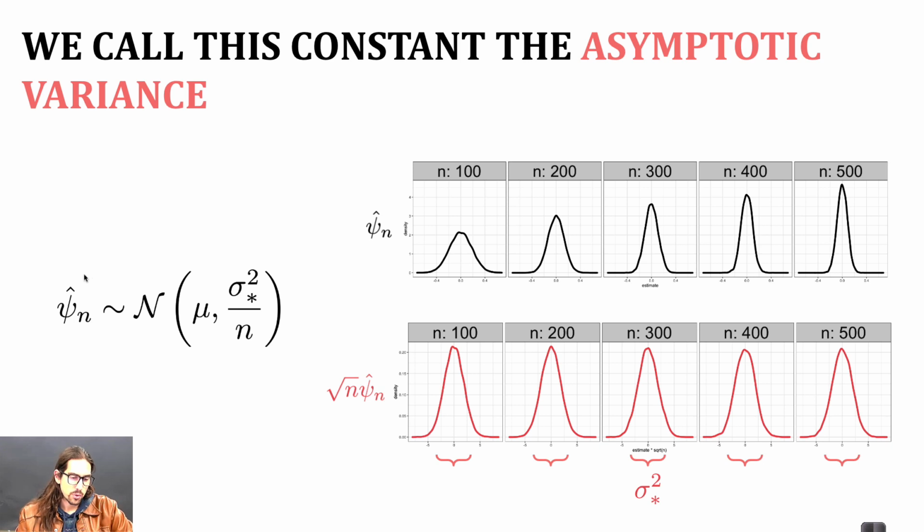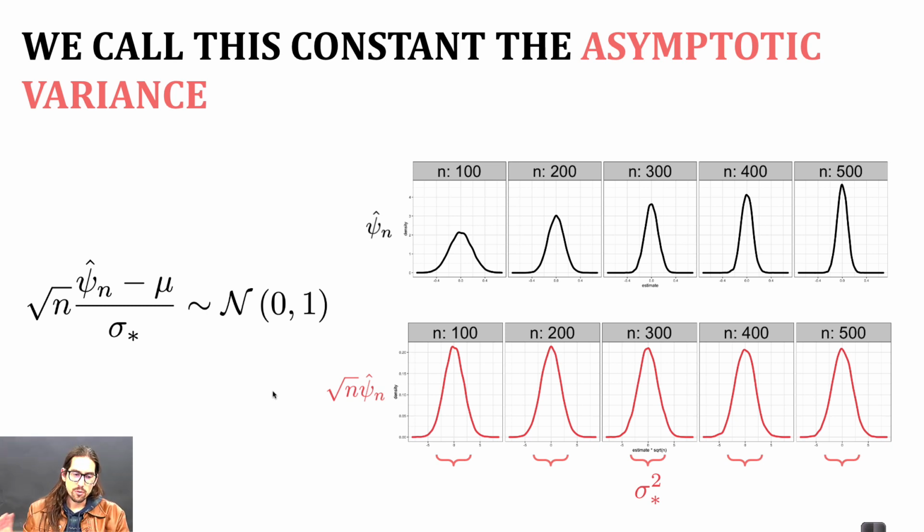And so you can write, kind of informally, that your estimator has this distribution. The sampling distribution of the estimator is normal. It has the mean mu, and the variance is just going to be given by this asymptotic variance divided by however many data points there are.